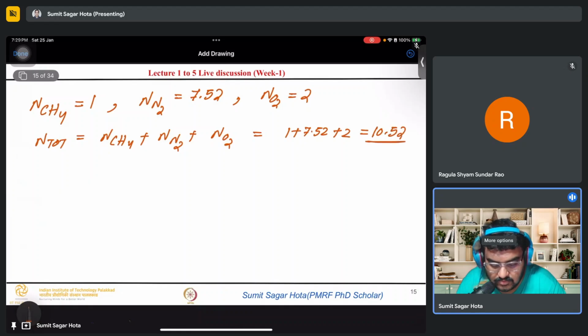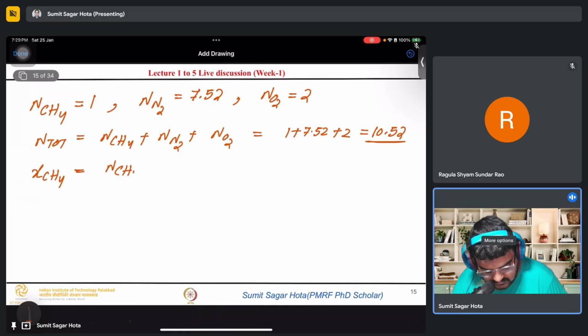Okay, the total number of moles is 10.52. So now we just have to find out the mole fraction. Chi of CH4 is equal to N of CH4 by N total, equal to 1 by 10.52.